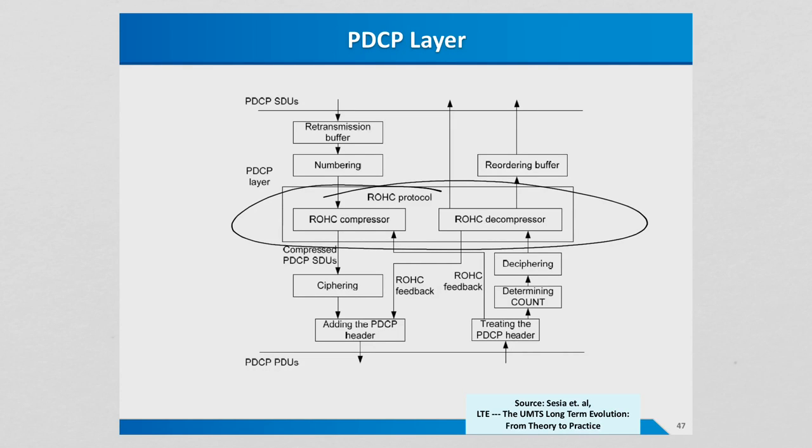Those are pretty small packets, and yet if you look at the header of the packets, they have to have a full IP address, and those headers, without thinking about it, could be quite large. And so what's done in LTE and in other systems as well is that the size of that header is compressed. It uses a thing called robust header compression, or ROHC. And that's a key feature of what PDCP does.